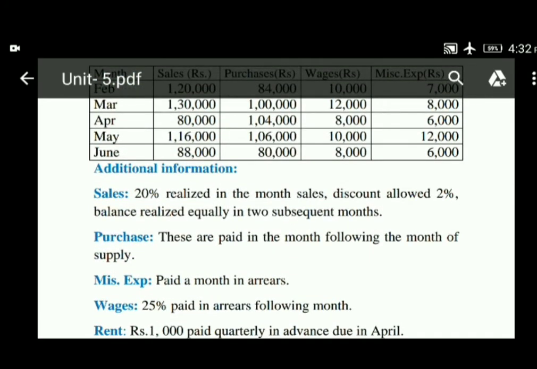These are paid in the month following the month of supply. If you purchase in April, the actual payment will be made in May, the next month, after supply of goods.